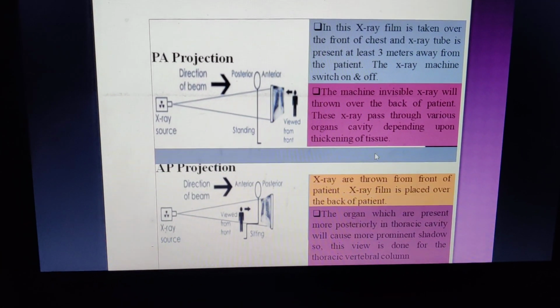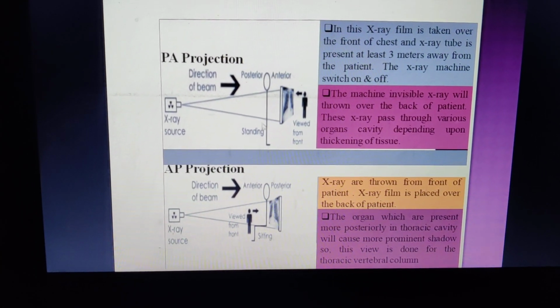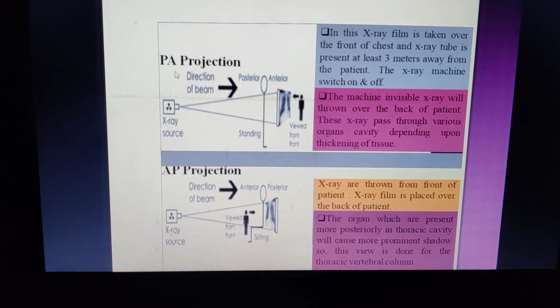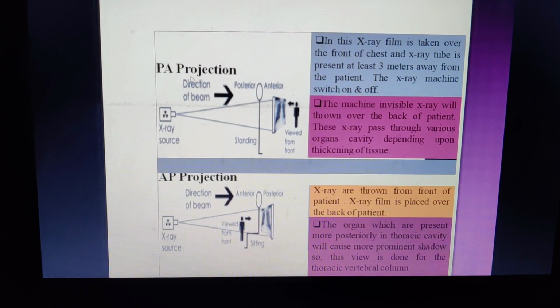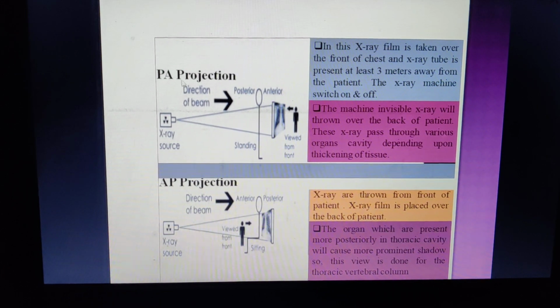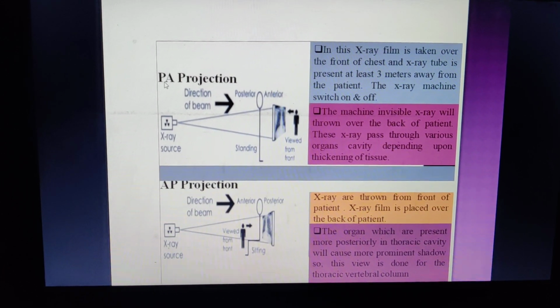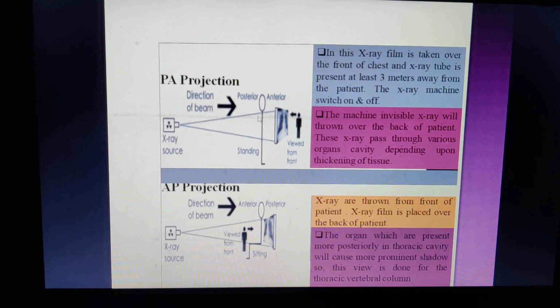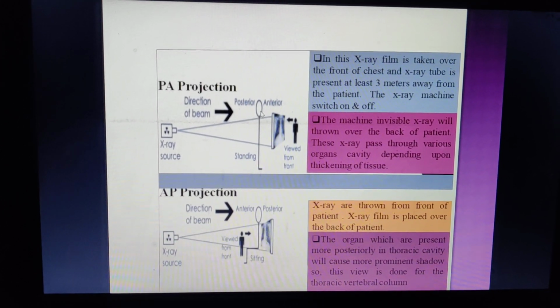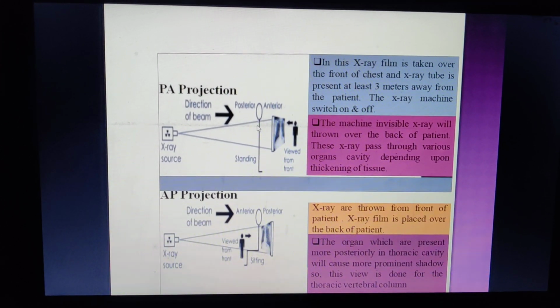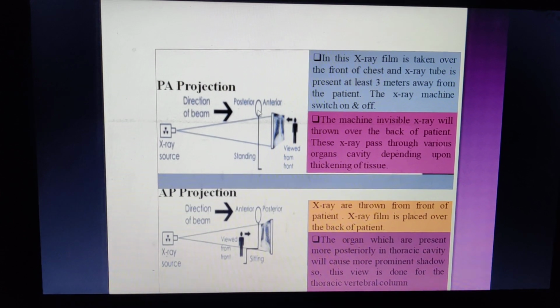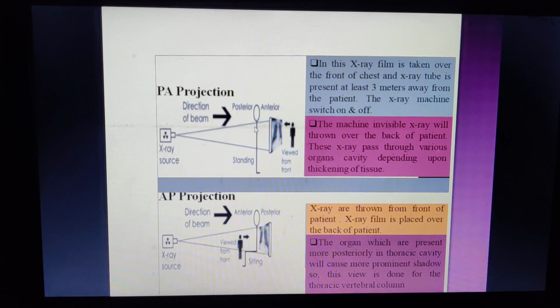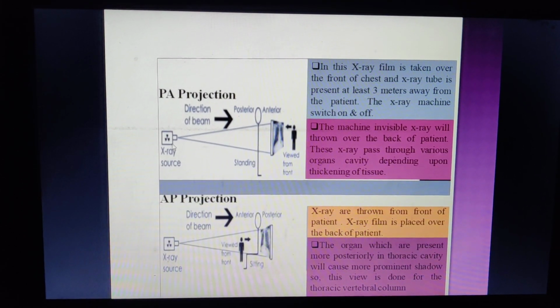In the above picture, the first picture indicates the PA projection. The PA view, as its name suggests, is the posterior anterior view. In this view, the patient is in a standing position, the face is towards the X-ray film and the back is facing the X-ray machine.